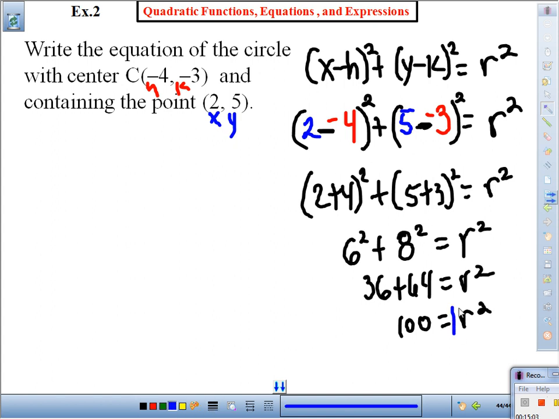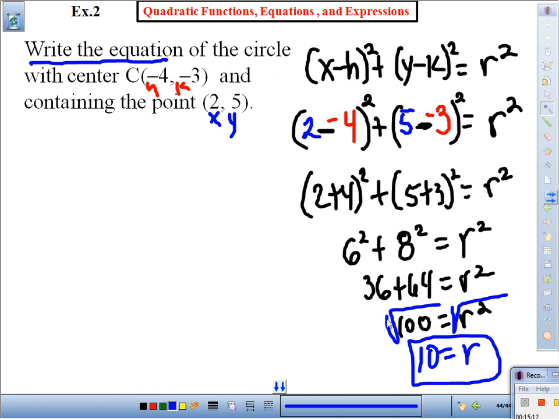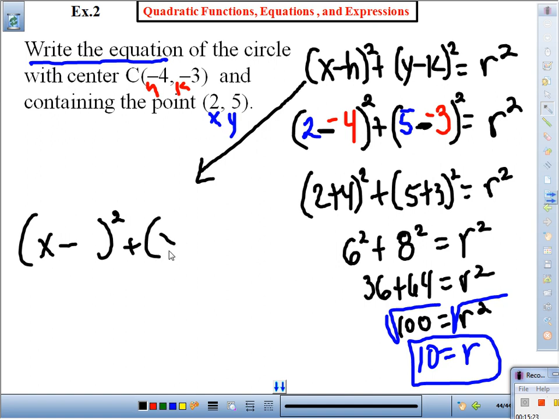Therefore, square root of 100, 10 equals r. However, I'm not done. I need to do what? Write an equation. What do I need? The radius and the center. Do I have that? Yes, so I take this, and I substitute. -4, -3, and 10.